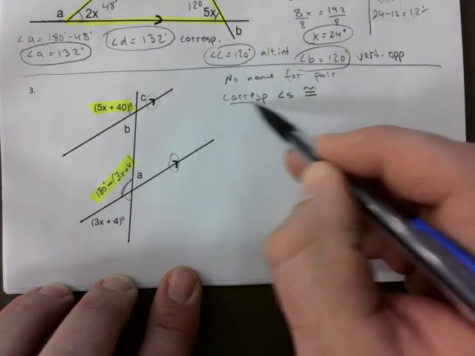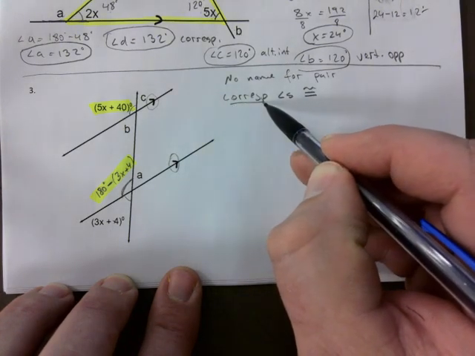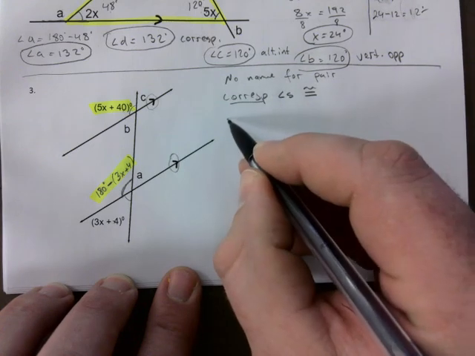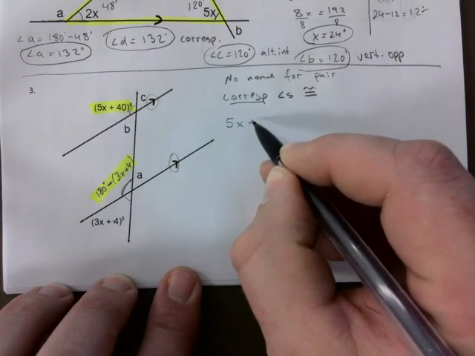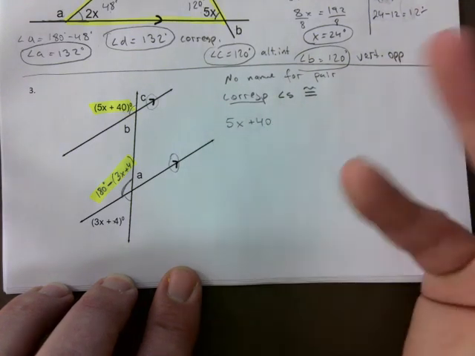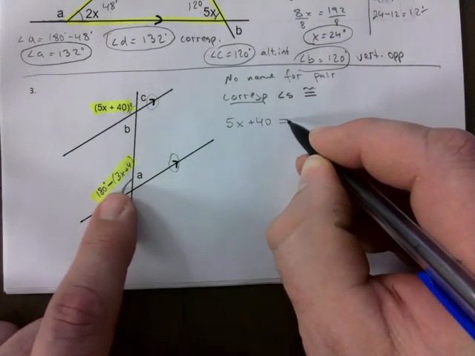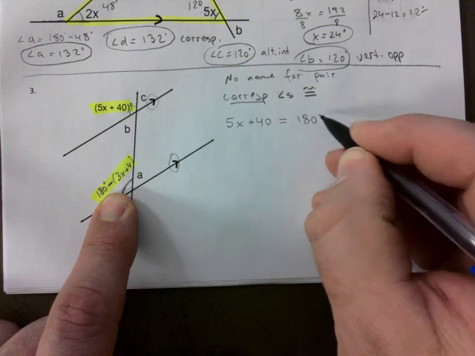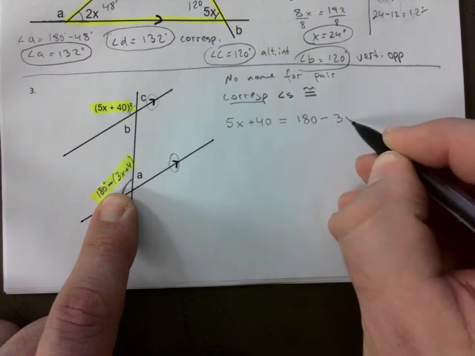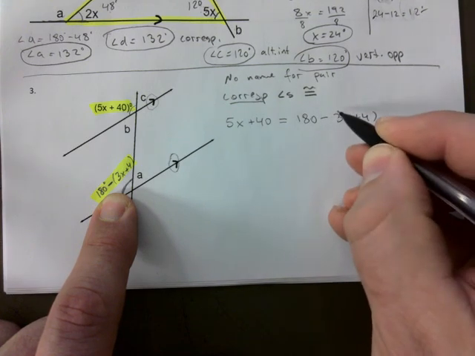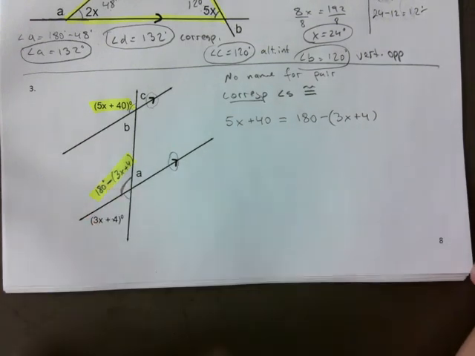And one of the things that we're looking at is corresponding angles. So now I can say that 5x plus 40, it doesn't matter which one you start with, to be honest, is going to be equal to this other angle I just found, which has this weird way of being represented, right? But it's okay, we'll work with it.